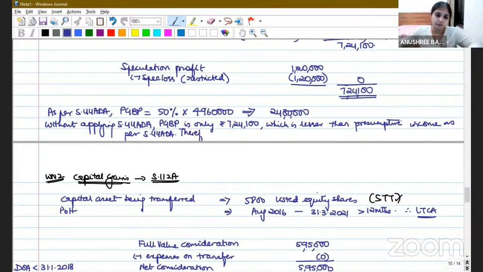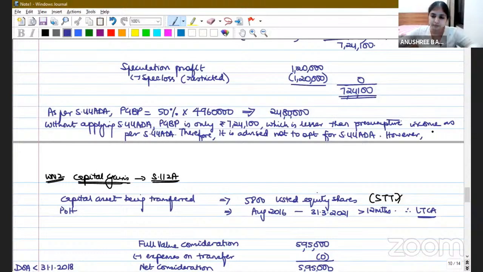Therefore, it is advised not to opt for section 44ADA.